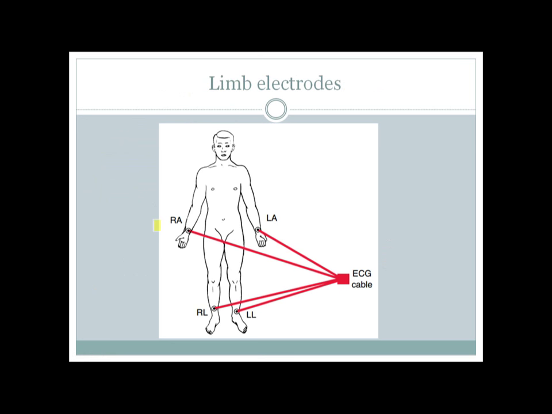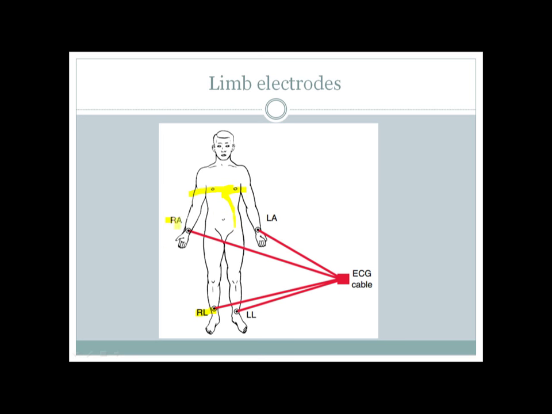Here we can see a person with the limb electrodes. Those are the cables, and limb electrodes are placed on all 4 limbs, but one limb electrode, the right leg electrode, is not an electrode which measures electrical activity; rather it acts as a neutral point. The other electrodes actually measure the electrical activity which spreads outward from the heart.